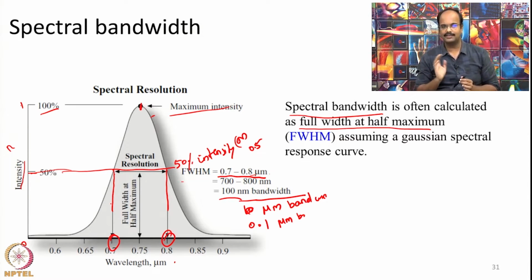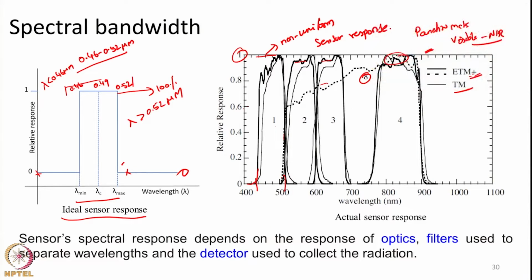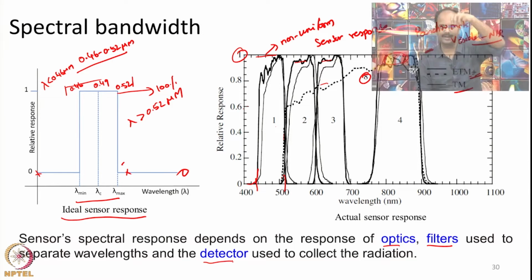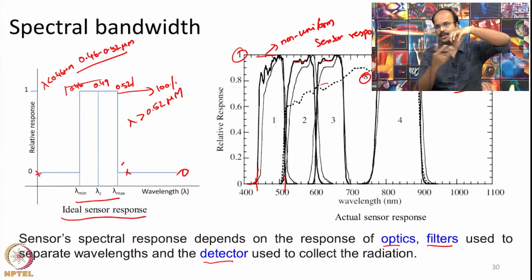How are these bands actually defined? We need sensors with multiple bands, and hence for each band we use particular optics, filters and proper detector elements in order to make each sensor sensitive to one particular bandwidth. That is, there will be a detector, with a series of optical elements and filters before it.